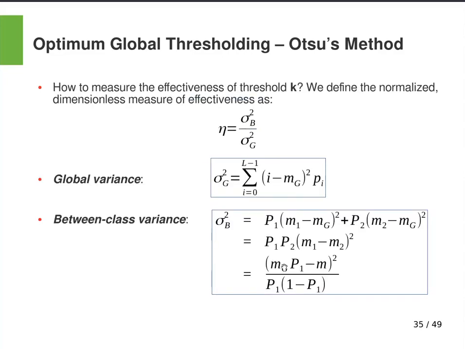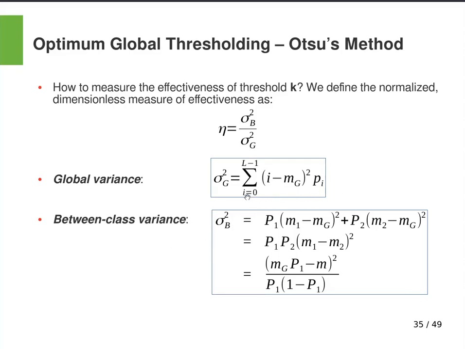Now we need to measure the effectiveness of threshold k, and to do that we define this parameter eta, which is the ratio between the between class variance in the numerator and the global variance. The global variance is very straightforward.